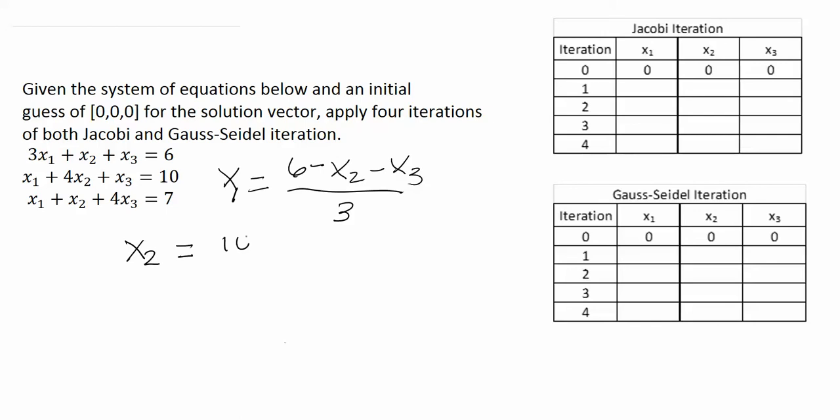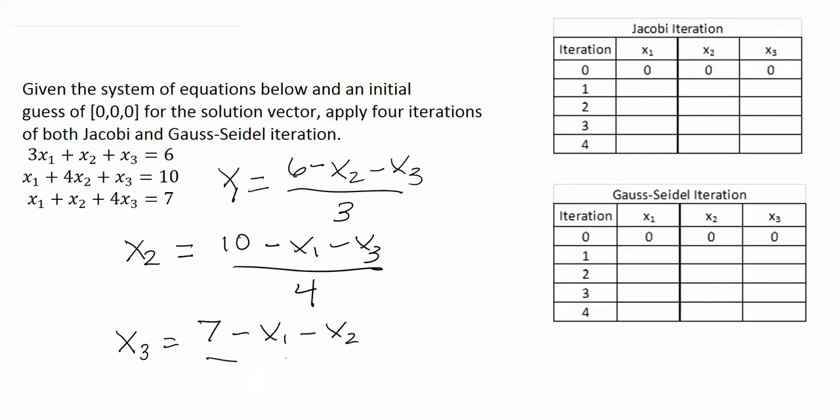So we have 10 minus x1 minus x3, all divided by 4. Lastly, we use equation 3 to solve for x3, and we have x3 is equal to 7 minus x1 minus x2, all divided by 4.